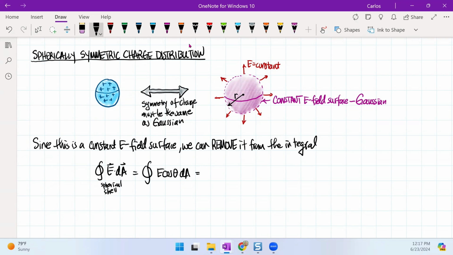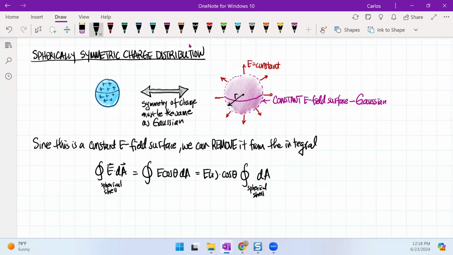Now E is a constant, so I'm left with the area of this spherical shell.